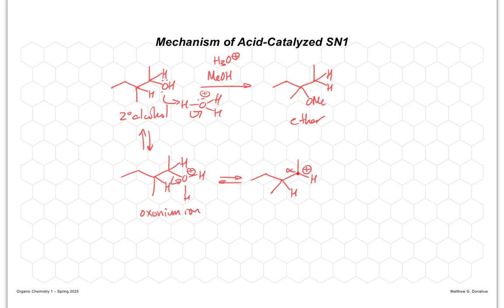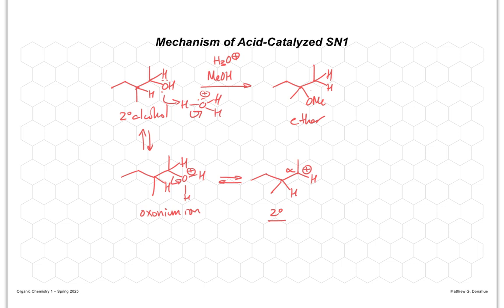So this alpha carbon is bearing 2 carbons, so that's a secondary carbocation. And we know that secondary carbocations are not the most stable, right? Because tertiary is the most stable.